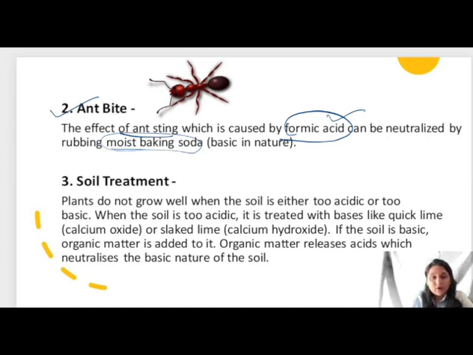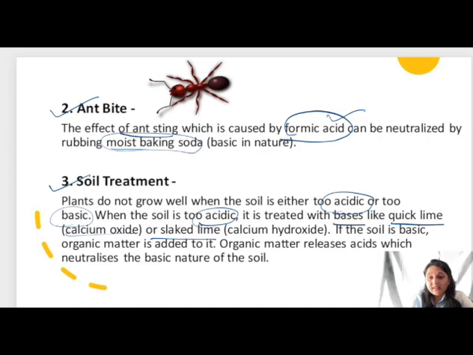Now our next example is soil treatment. As you already know, sometimes plants do not grow well in soil. There are two reasons: the soil may be too acidic, or too basic. If the soil is too acidic, we treat it with a base like quicklime, calcium oxide, or slaked lime, so that the plants grow well.